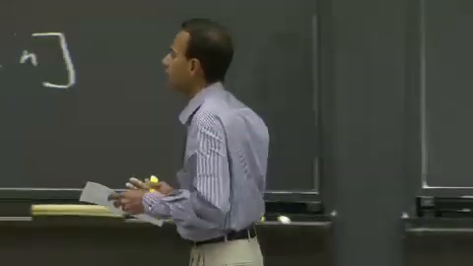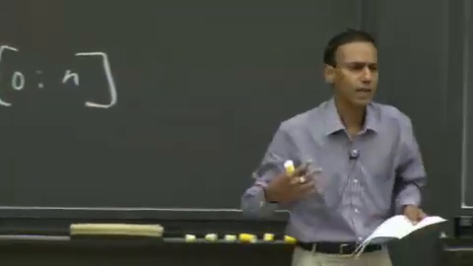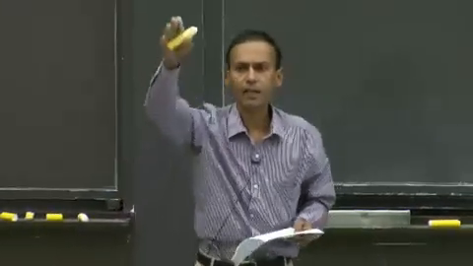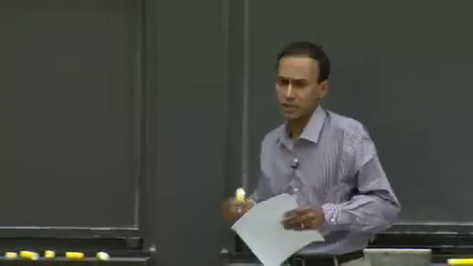Now, if you wanted to find the median of the set of numbers that were originally in the array A, what would you do once you have the sorted array B? Yep? Is there a more efficient algorithm for median? Oh, absolutely. But this is sort of a side effect of having a sorted list.